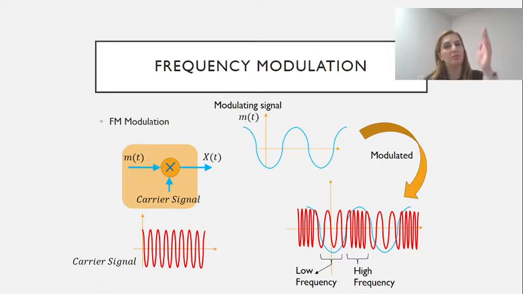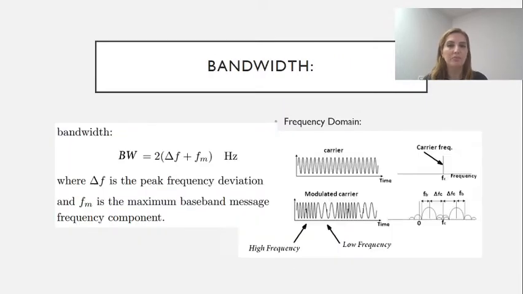So I'm going up when I have maximum, and when I'm coming down, it will be 2 kilohertz less. So it is 2 plus 2. That will give me a nice variation. So that is my delta F, and then the Fm is the frequency of my modulating signal.